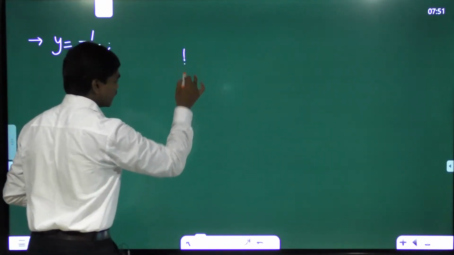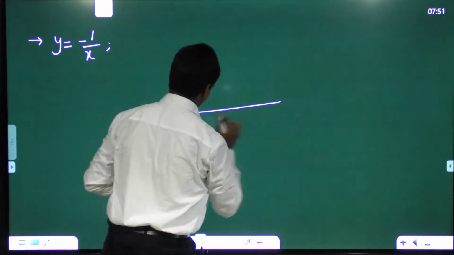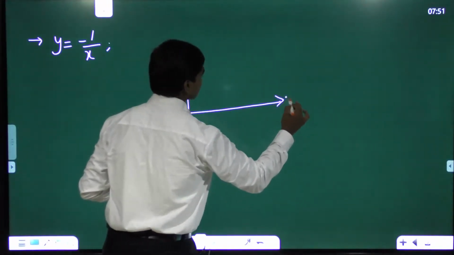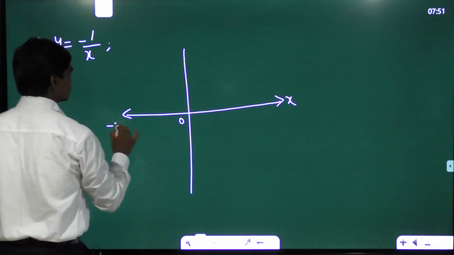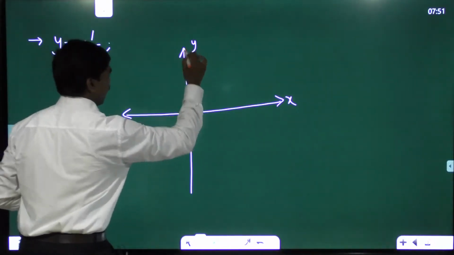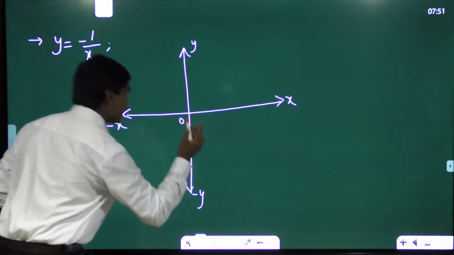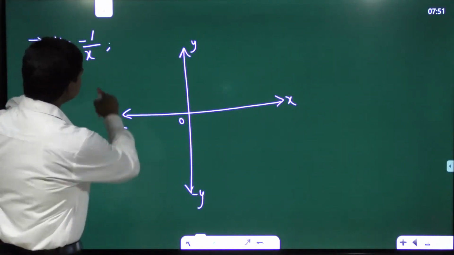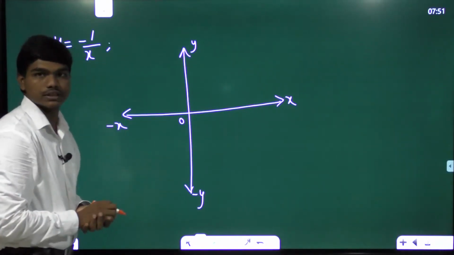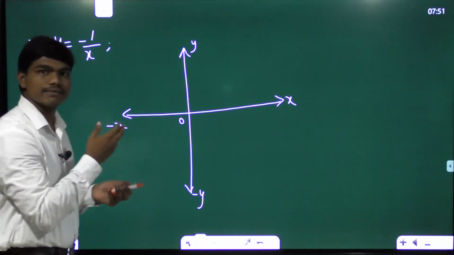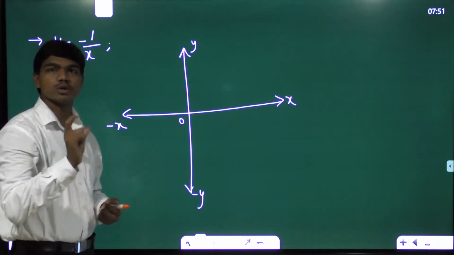To draw the graph, let us again set up the axes: 0, x, y, minus x, and minus y. Now, you see the signs of y and x are opposite to each other. Correct? In the previous case, where y is equal to 1 by x, we have the same signs for both x and y.